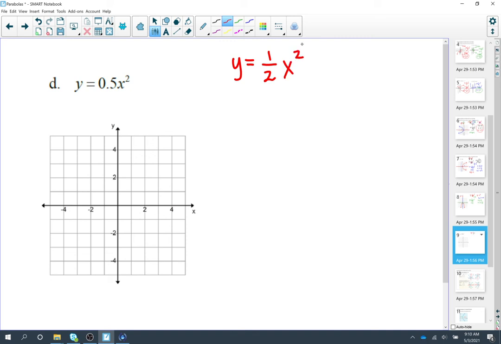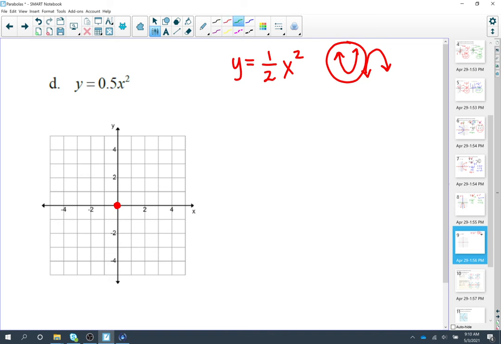The reason I'm going to do this is so that I can find my p-value. The other thing I'm going to consider is that the x is squared. If the x is squared, this one's either pointing up or pointing down. Because it's a positive 1/2, I know that this guy is pointing up. I also know my vertex is at 0, 0.